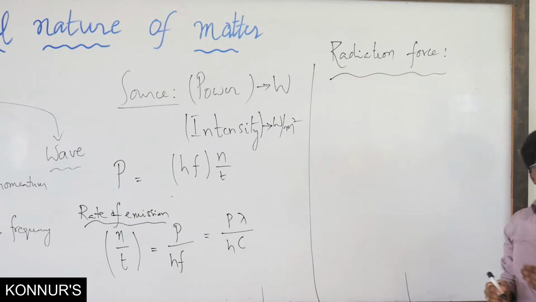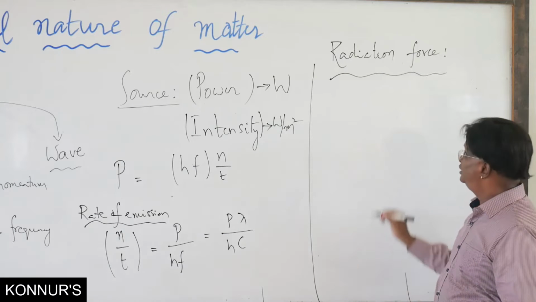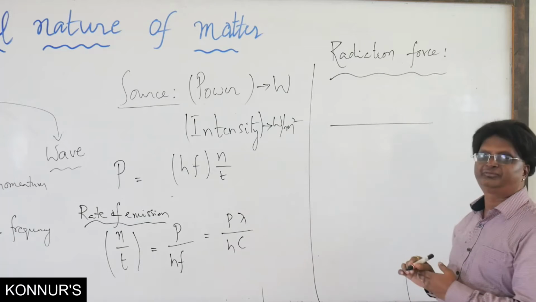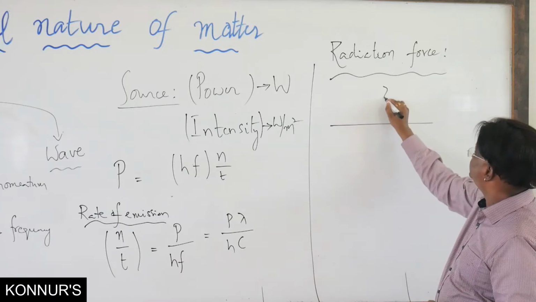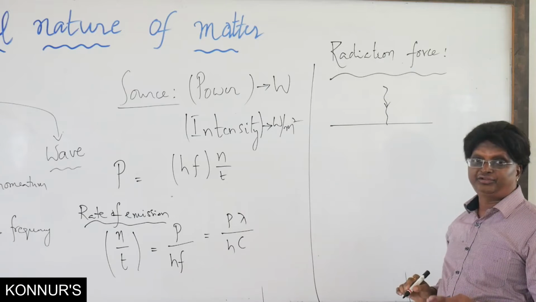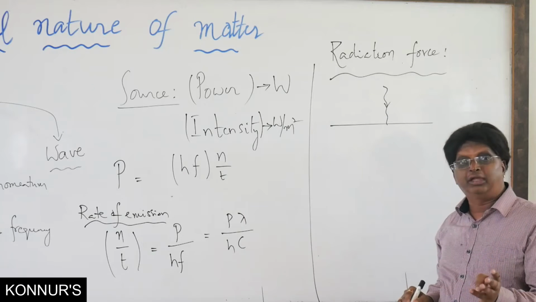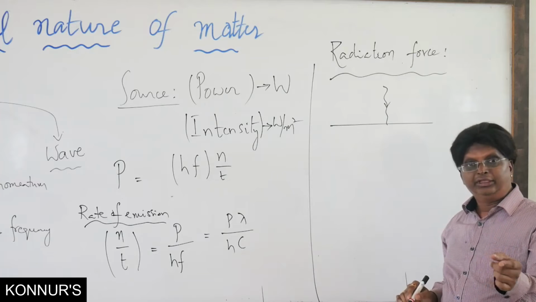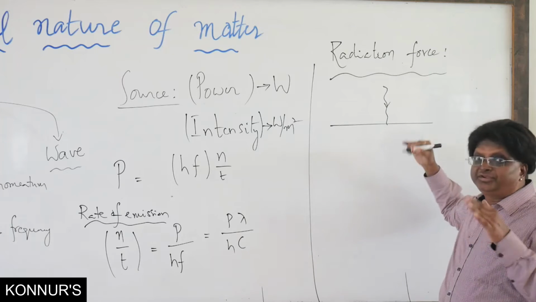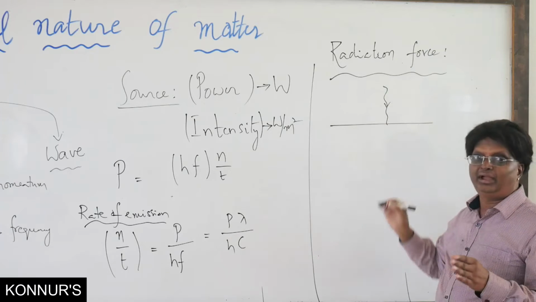Why in this radiation force and all? Supposing I take a surface on which a radiation of frequency f or wavelength lambda is incident. Even in that also, the simplest of the cases, normal incidence, I am taking.